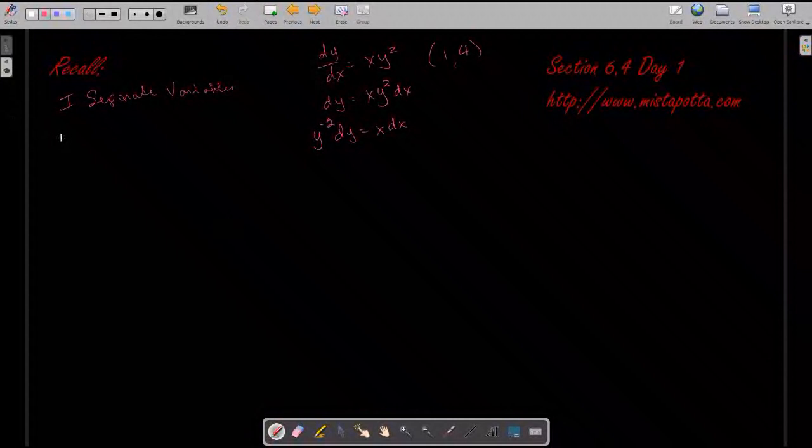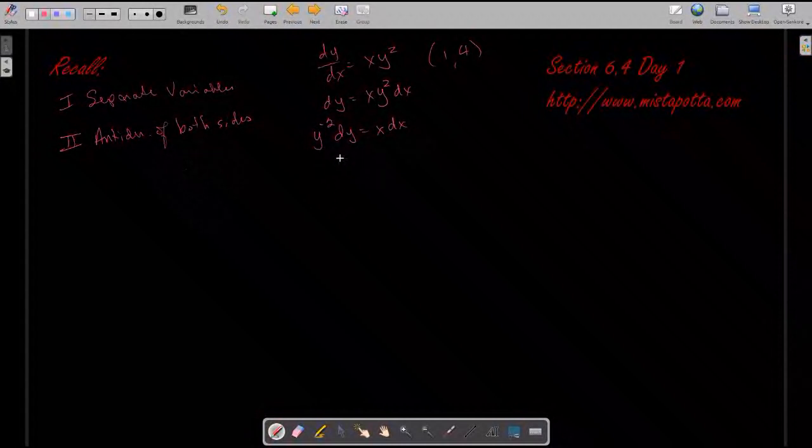The second thing that I want to do is take the antiderivative of both sides. So I want to take the antiderivative of this.